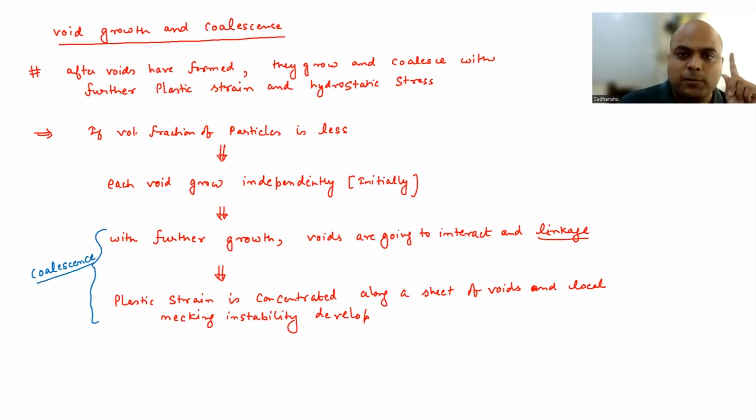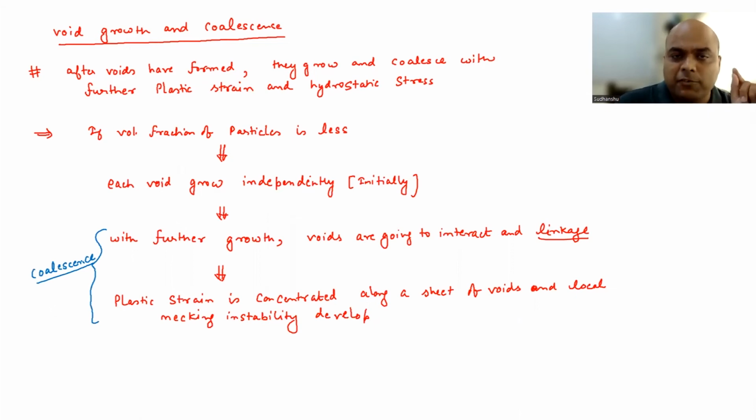Okay, so once you have formed the void, they are going to grow, right? So if the volume percentage is small, obviously, then they are going to grow independently, because the volume fraction of the voids, or volume fraction of the particles, because the voids are going to nucleate at the particles. Now, if the volume fraction is large, there will be interaction from the beginning.